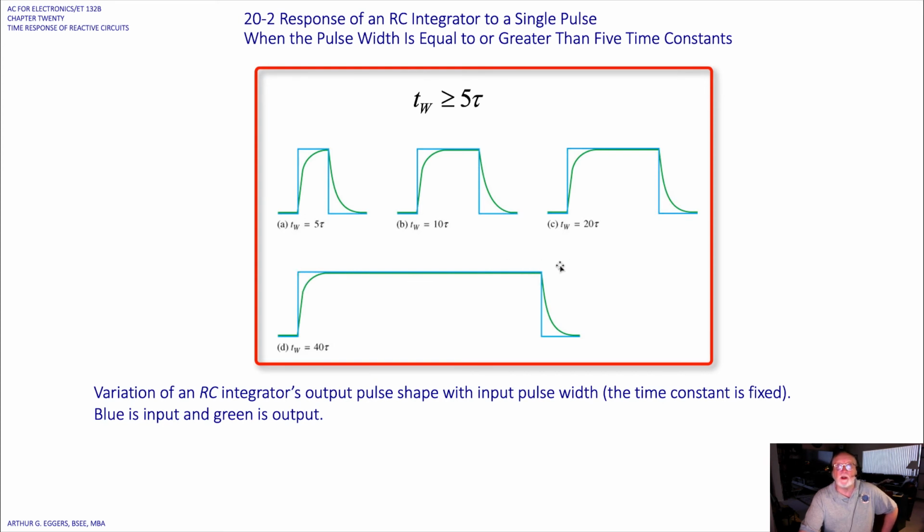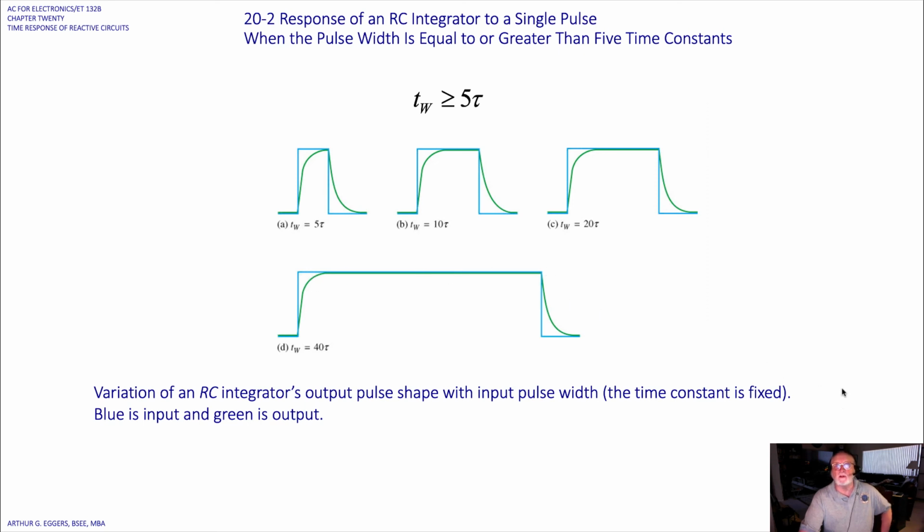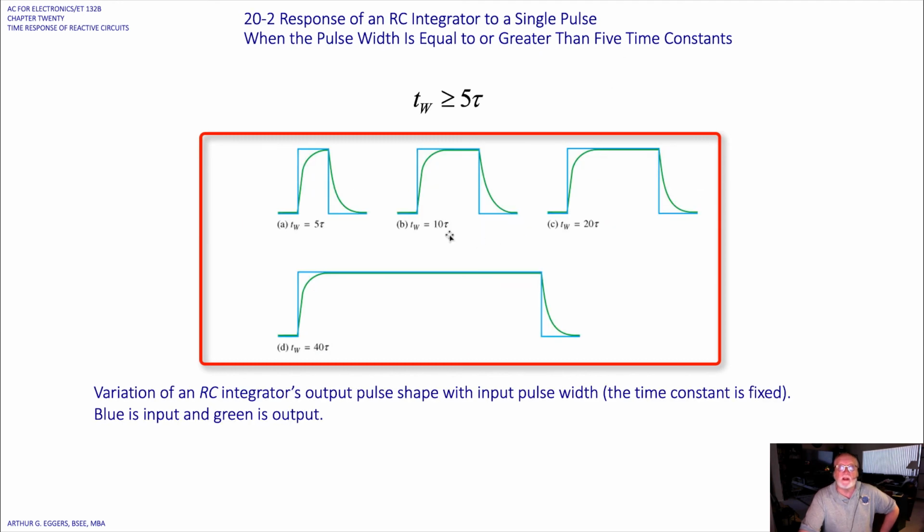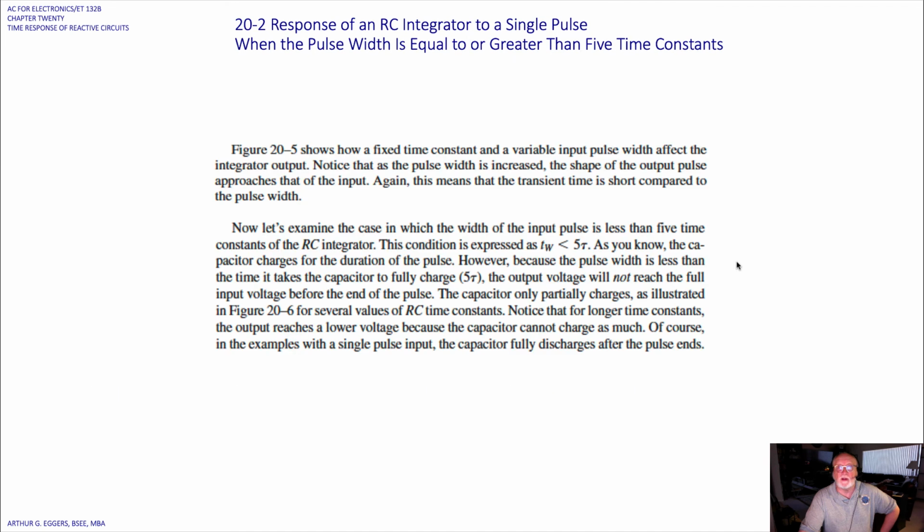The input versus the output will determine what the wave shape will look like. So when the pulse width is equal to or greater than 5 time constants, we see how the signal input versus output responds.